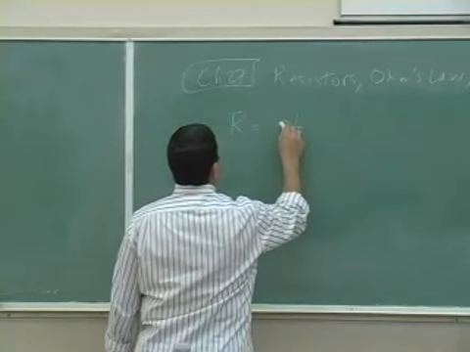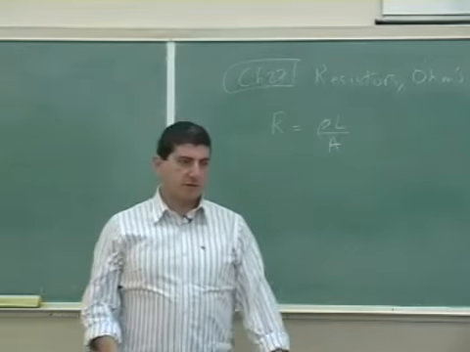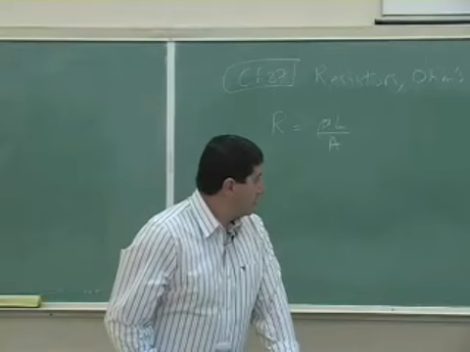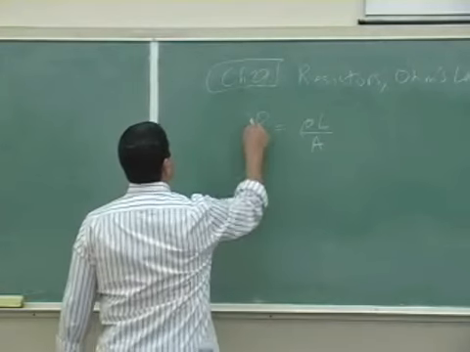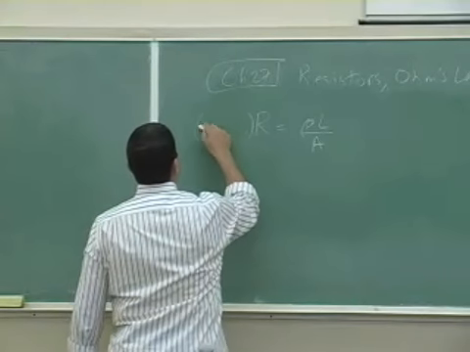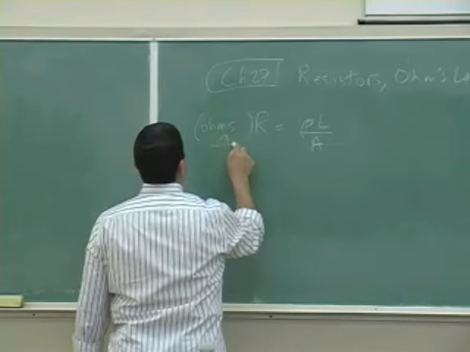to resistivity times length over A. Okay, so the resistance, the R, is measured in units of ohms, which the Greek symbol is the capital omega.